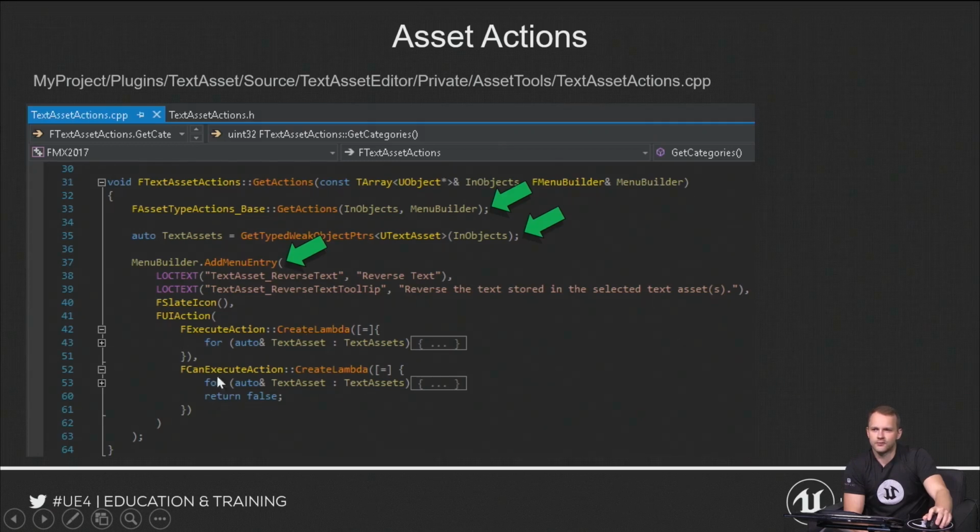And this particular code might look a little complicated, but it's really just a use of so-called lambdas, which are anonymous functions, or in other words, functions that don't have a name. So you can think of this as code that's being executed at a later time when the editor requests to run that code. And that's really all there is to it.